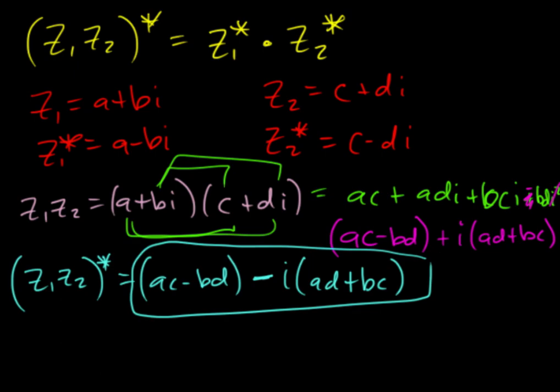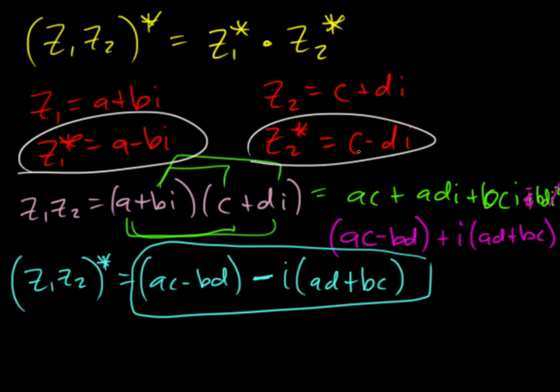We're hoping the right does the same. If we just multiply these together, a times c is ac, a times that is negative adi, that times that is negative bci, and that times that is positive bdi squared. This will change the sign like it did last time.